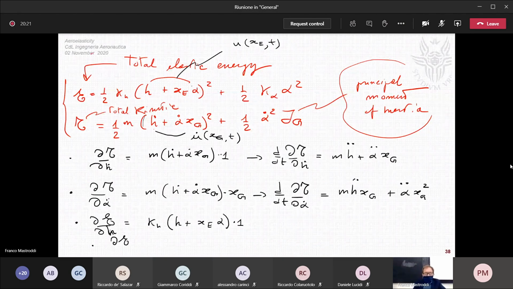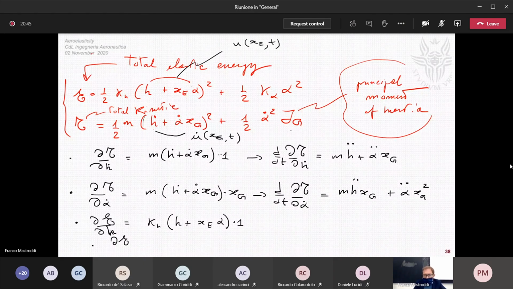And therefore, the kinetic energy is 1/2 m, mass per unit length, times the velocity of the center of mass to the power 2, plus we have the contribution of the rotational degree of freedom, so multiplying 1/2 Jg alpha dot to the power 2.